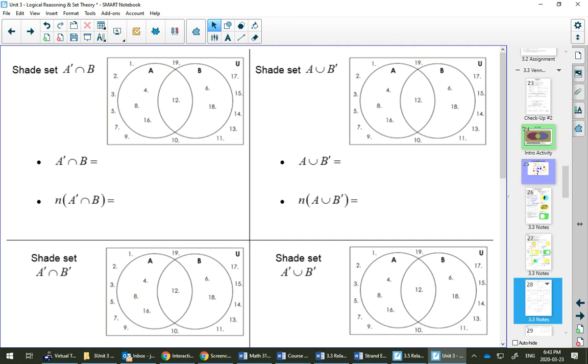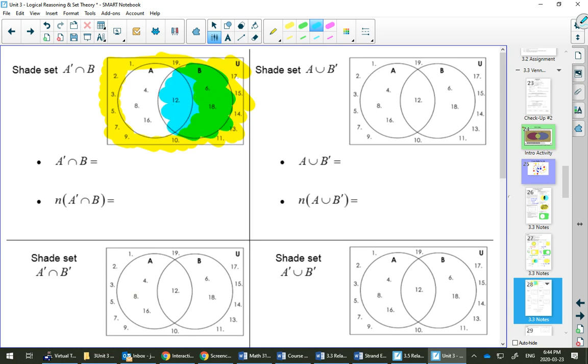So if we want to shade all of the elements that are not in A and in B, this is an intersection, so again, I'm going to use the 2 different colors. Everything that's not in A is everything that's outside the circle A. Everything that's in B is right here.